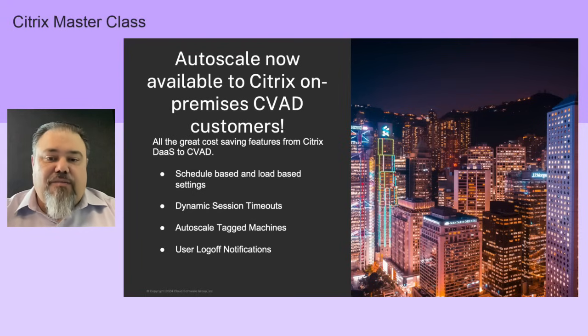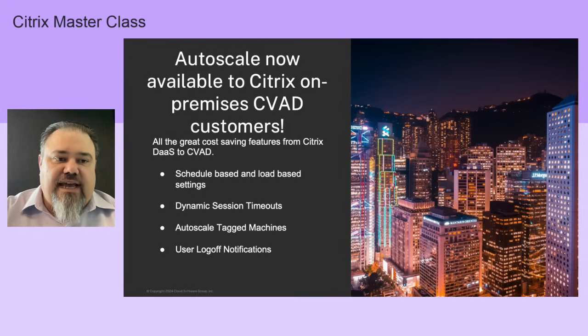Along with that, and one of the big things why I love it, is we get autoscale as well. So now autoscale is available for on-prem. Autoscale is one of our best features that we have on CVAD and DaaS, which is the ability to do advanced power management on your workloads, specifically non-persistent and persistent workloads. We get to drive that power management solution to help save costs, especially when you're provisioning to cloud, but also on-prem as well.